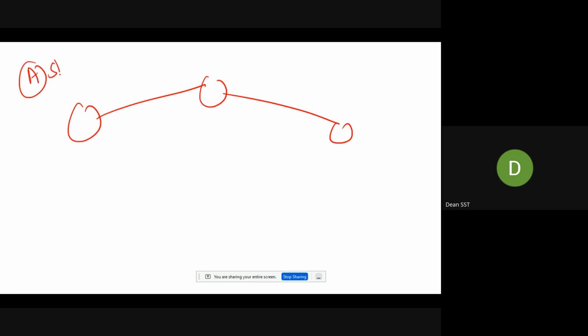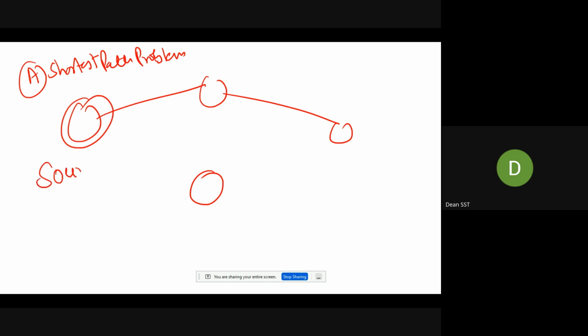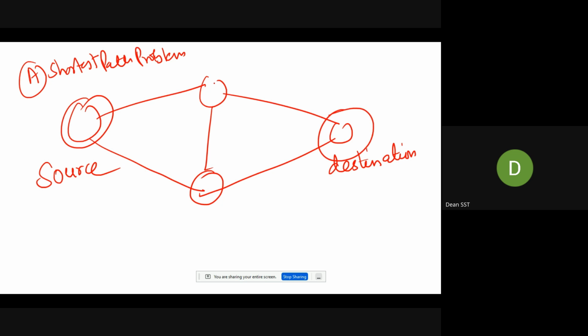First, see the shortest path problem. This is the source, this is the destination, and this is a graph. We have done many calculations.